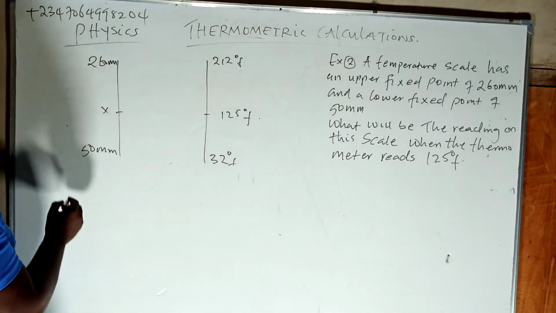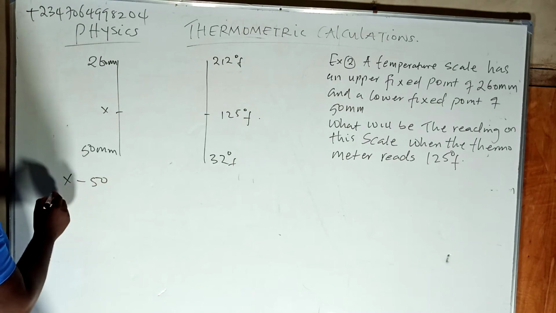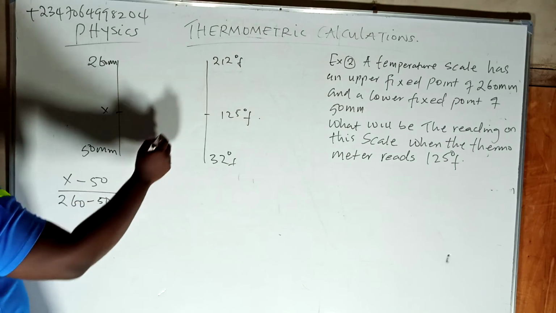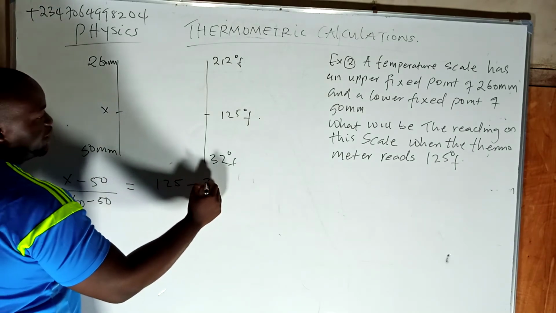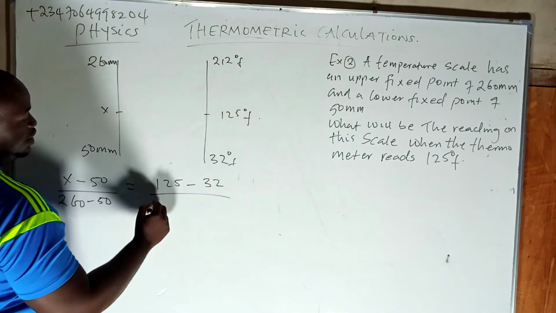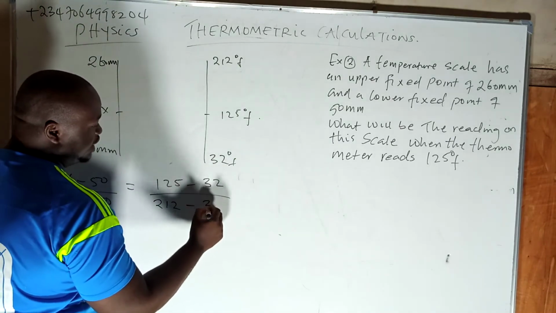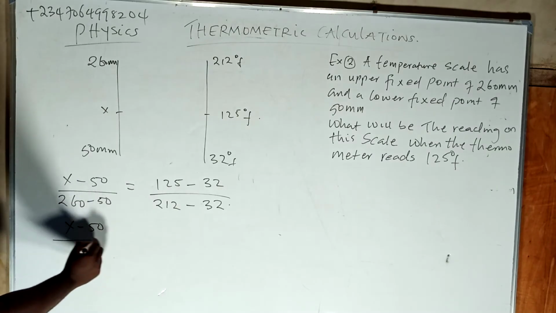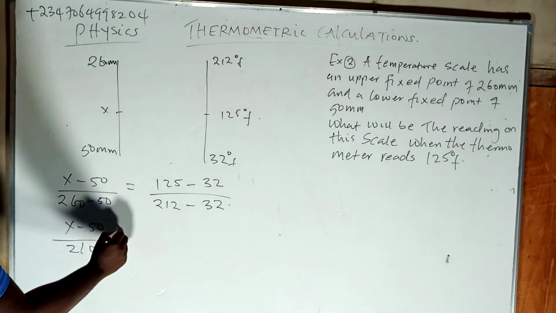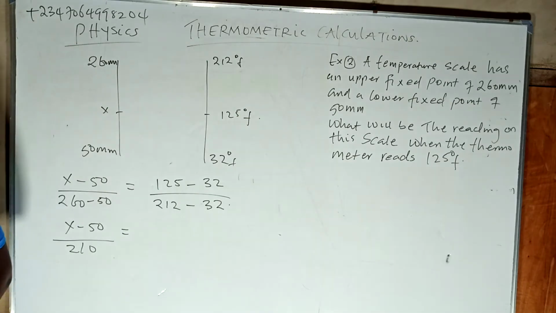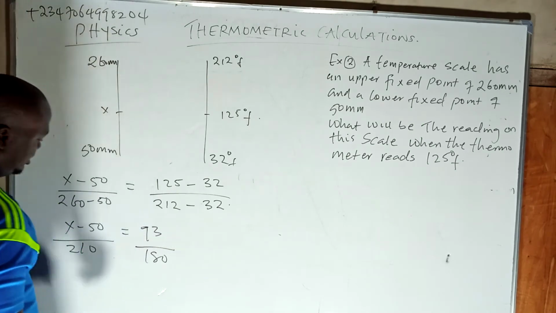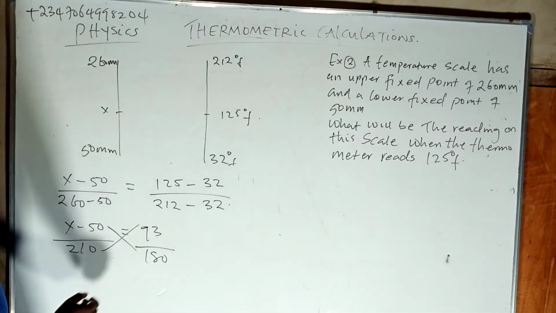The same thing we did, X minus 50 all over 260 minus 50. We repeat it here: 125 minus 32 all over 212 minus 32. This will give you X minus 50 all over 210 is equals to 125 minus 32, which gives 93, all over 180. So you cross multiply.